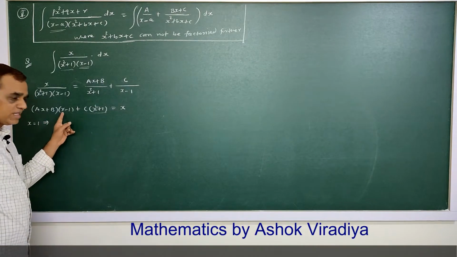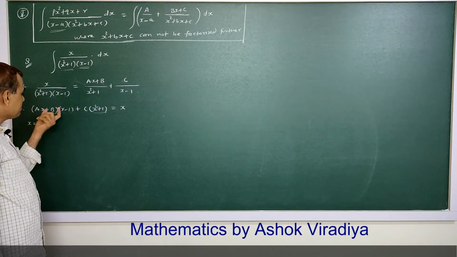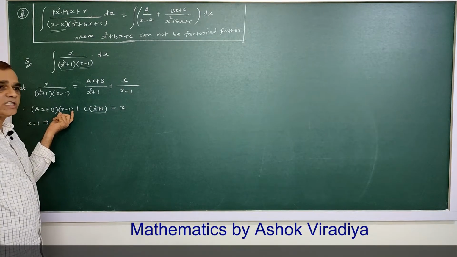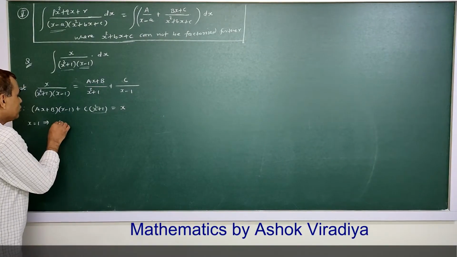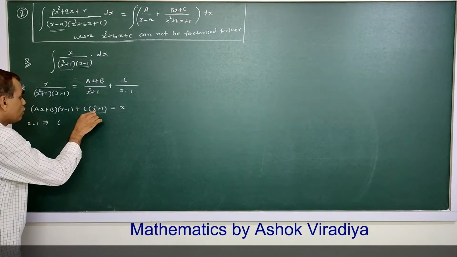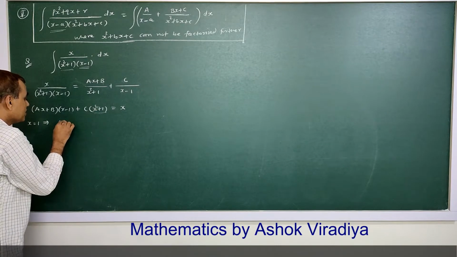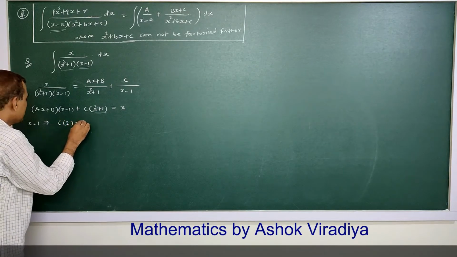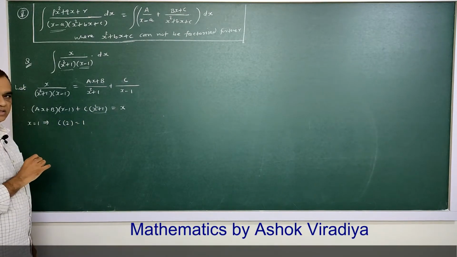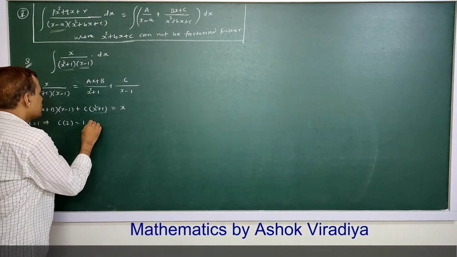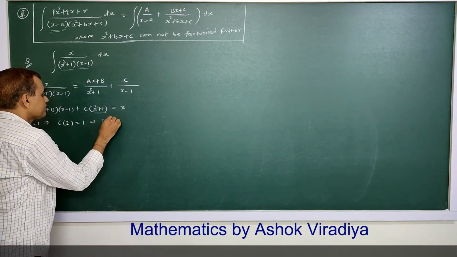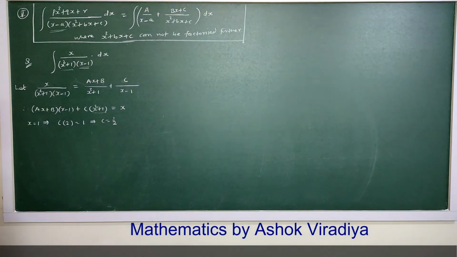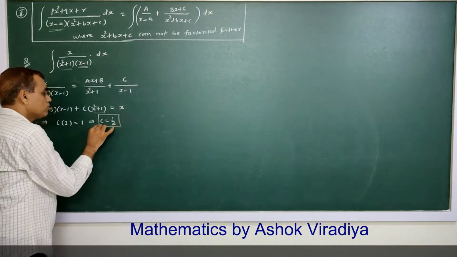Taking x equal to 1, (ax plus b) into 0 is 0. C into, putting here, 1 plus 1 is 2. C into 2 is 1. So c is 1 by 2.